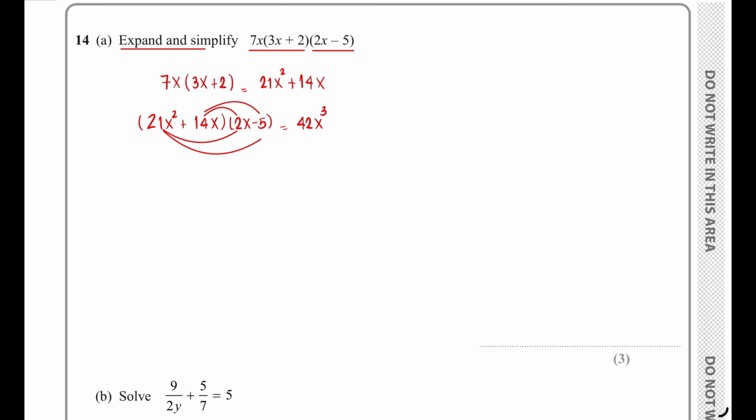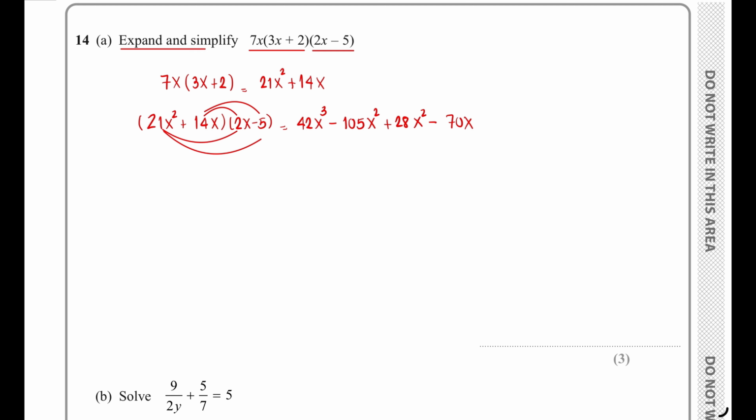Then 21x squared times negative 5 equals negative 105x squared. Then 14x times 2x equals 28x squared, and then 14x times negative 5 equals negative 70x.